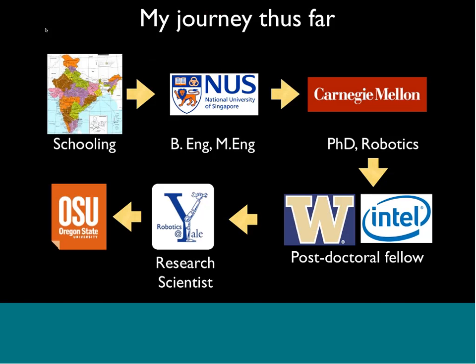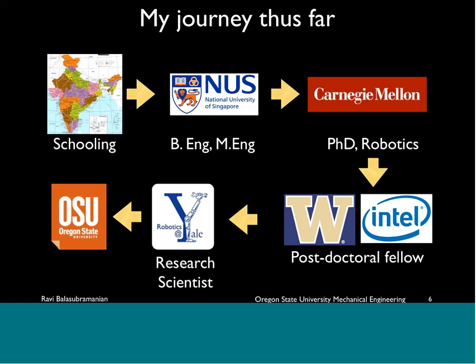Okay, just some very quick background on who I am. I did my schooling in India, after which I did a bachelor's and master's in engineering in Singapore. I did my PhD in robotics at Carnegie Mellon. And then I developed some interest and expertise in human control systems during my postdoctoral fellowship in neurobotics at the University of Washington.